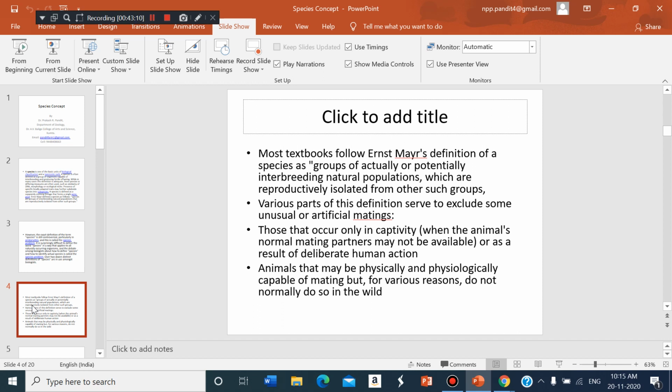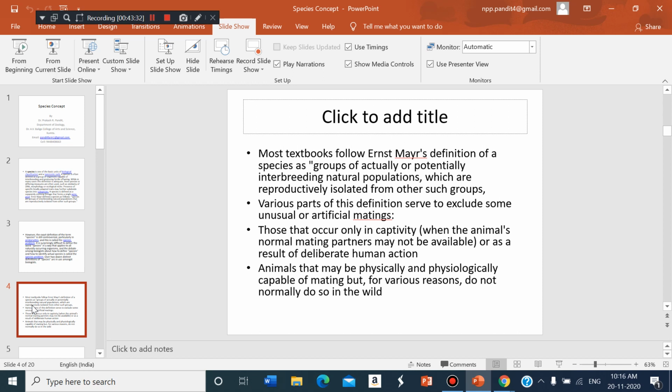That means a group of actually or potentially interbreeding natural populations which are reproductively isolated from other such groups. This definition is the most accepted definition, but it is not a perfect definition.